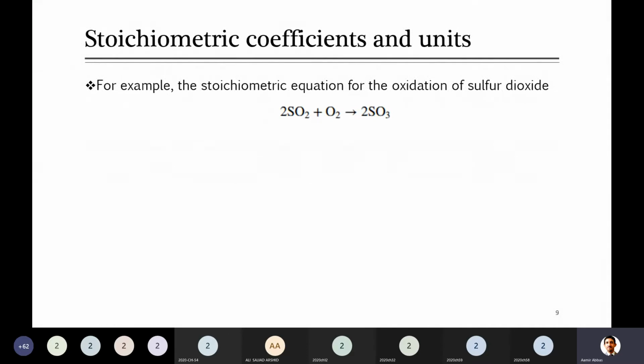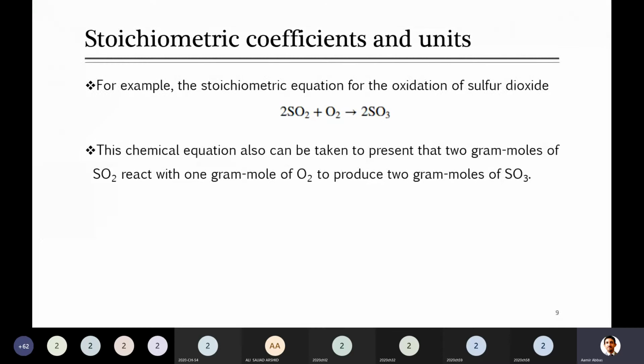So what do these numbers mean? When we write these numbers, for example, 2SO2 plus 1 O2, we don't write the 1, but for O2 it will have 1. So overall in this reaction, what is happening is 2 moles of sulfur dioxide are reacting with 1 mole of oxygen to produce how many moles of SO3? 2 moles of SO3.